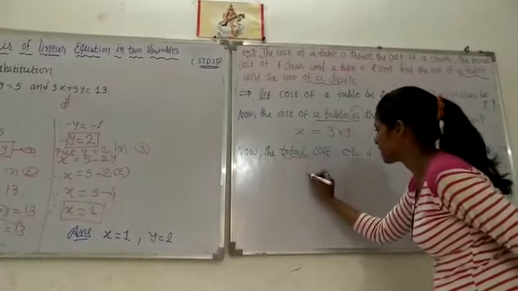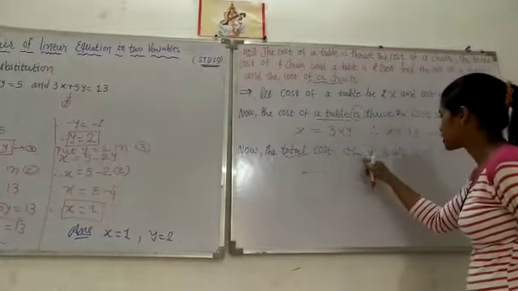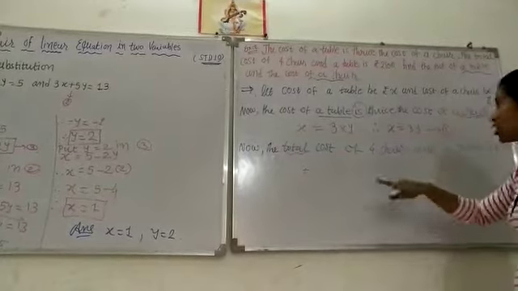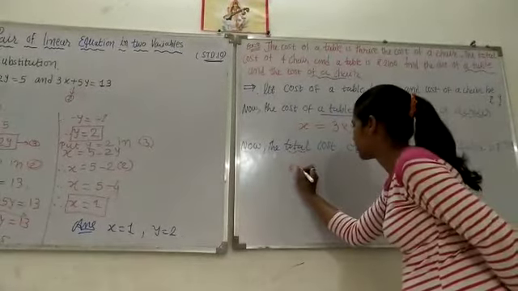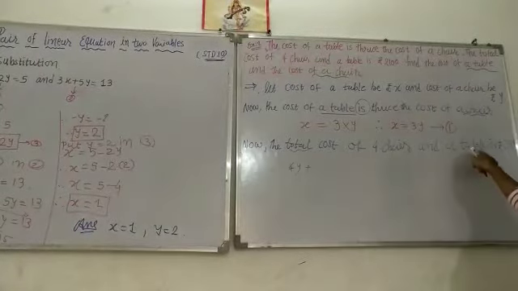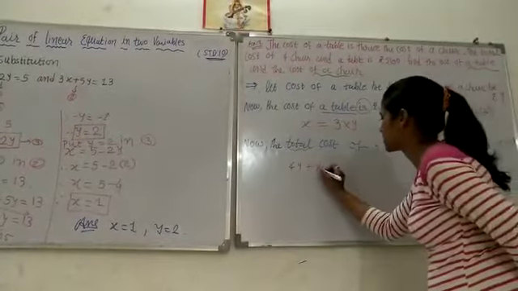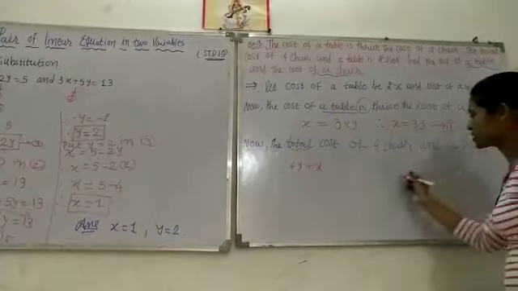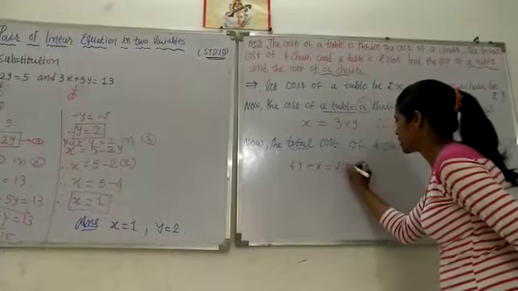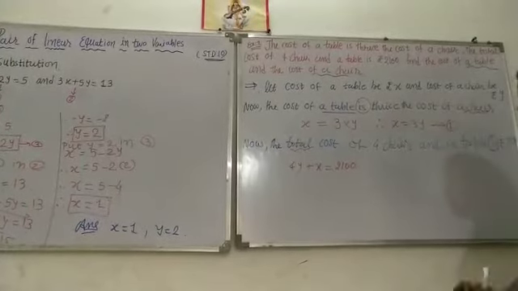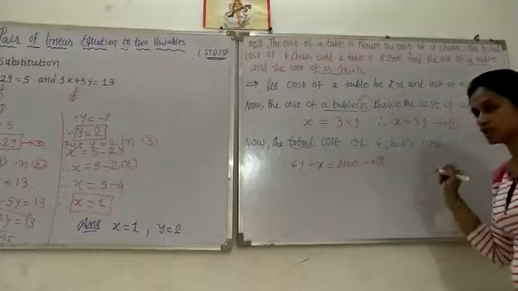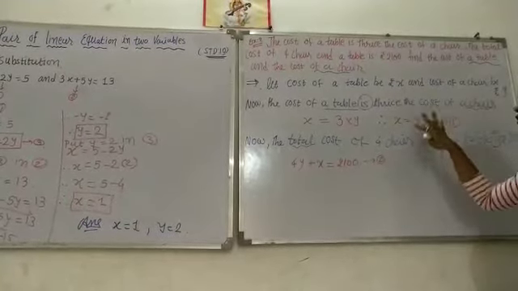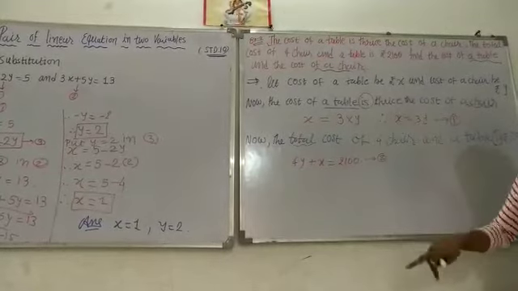Total means addition. Cost of 4 chairs: 1 chair cost is y, so 4 chairs cost 4y. And a table means x, is equal to 2100. So 4y plus x is equal to 2100.